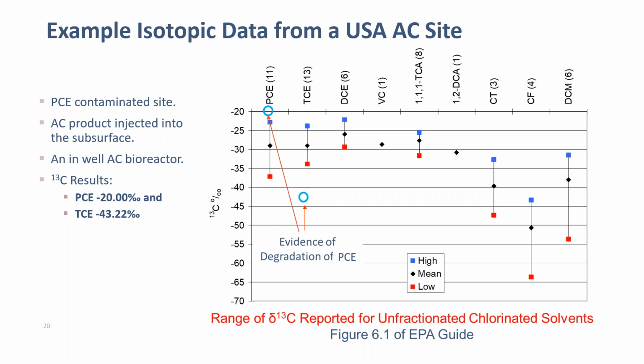So the story here is that the isotope data showed, at an activated carbon site, a huge and pretty fast amount of degradation of PCE to TCE. The reason you can tell is that the PCE is getting much heavier up there. Remember, these are negative, so it's getting heavier as it goes up. The lightest material is degraded first, so the TCE produced from the degradation of PCE becomes very light.